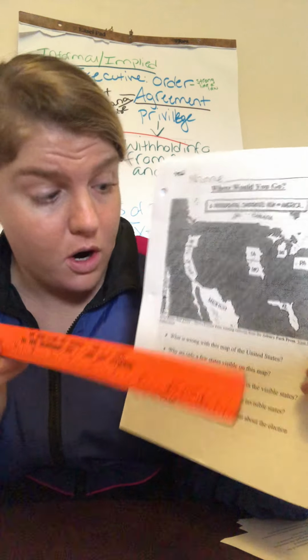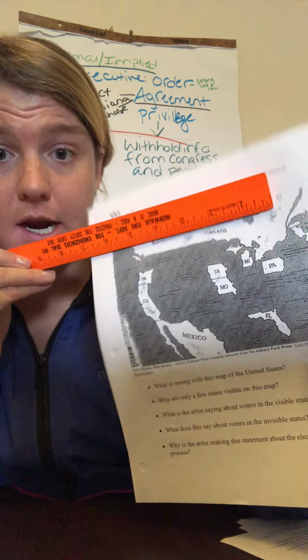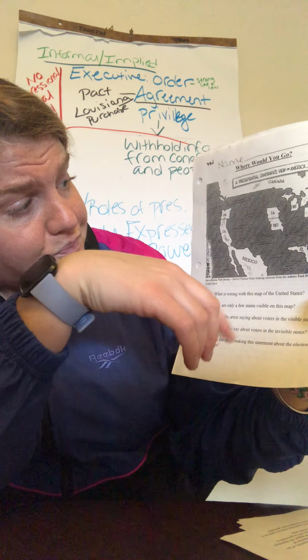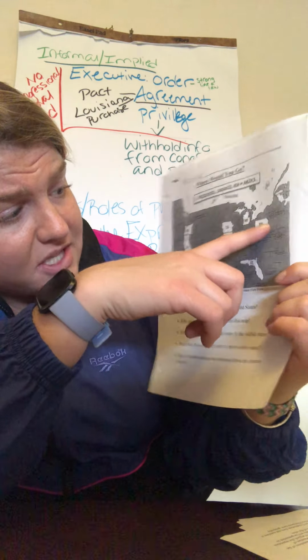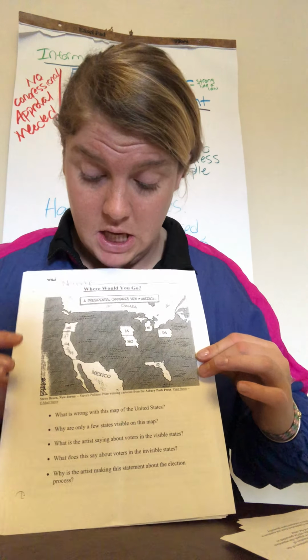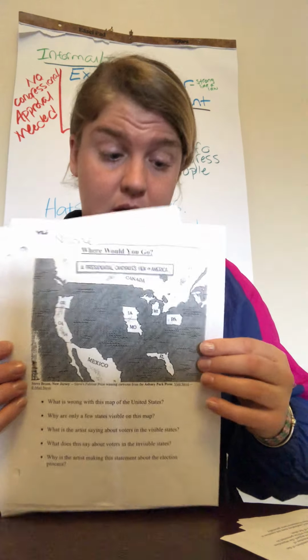So you can ignore Mexico and Canada on this map, okay? But they do show you Oregon, Canada, Missouri, Michigan, Pennsylvania, Florida, and Iowa. So that's your job to figure out what that means, okay? And you answer those questions.